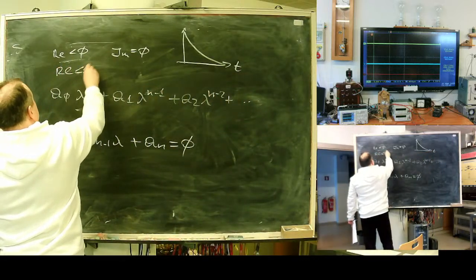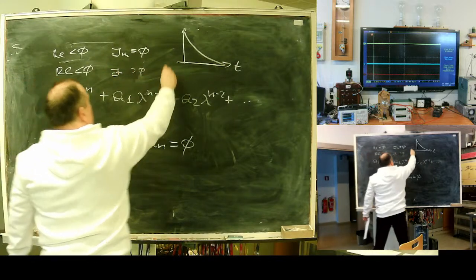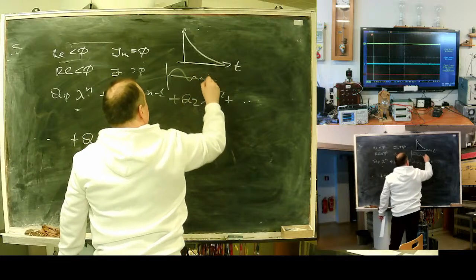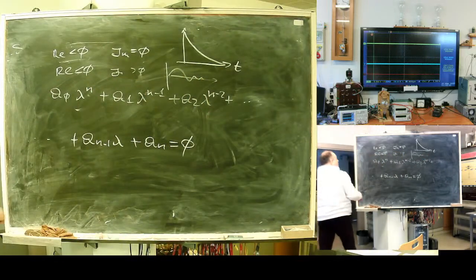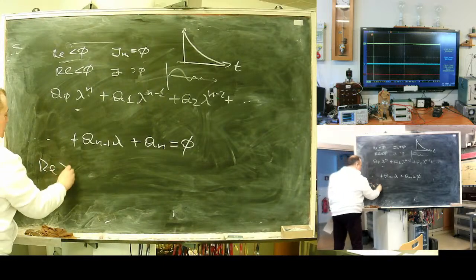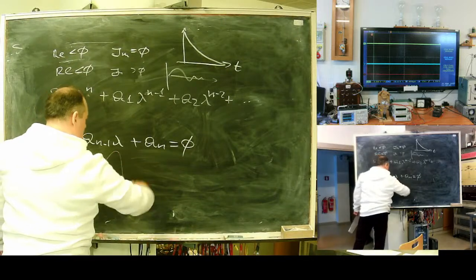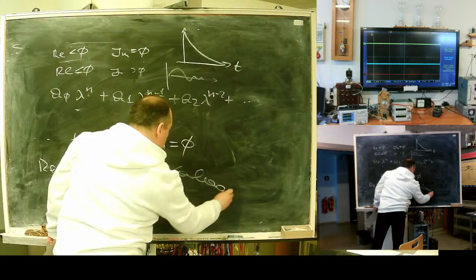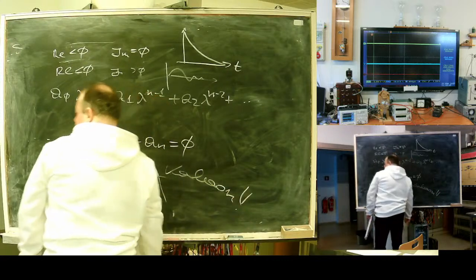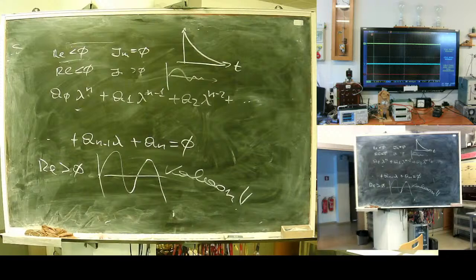Real less than 0 and imaginary greater than 0: decaying oscillation. Real greater than 0: kaboom. The system will destruct. Not stable.